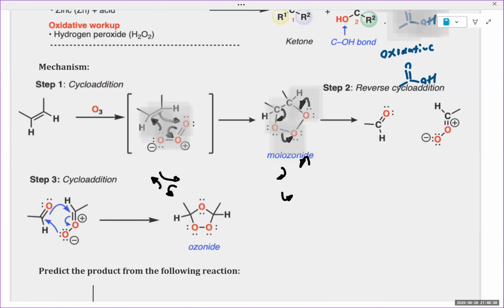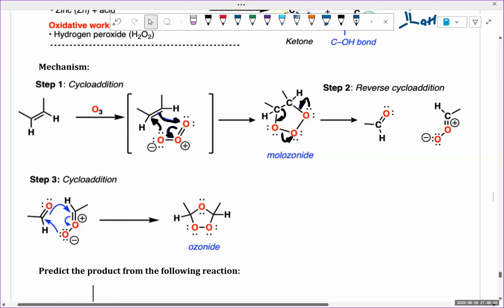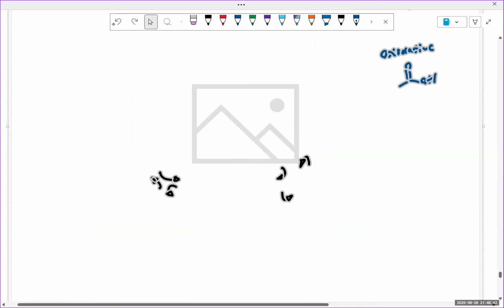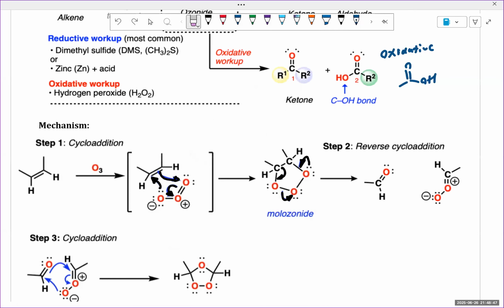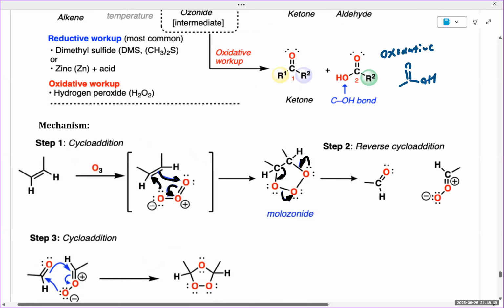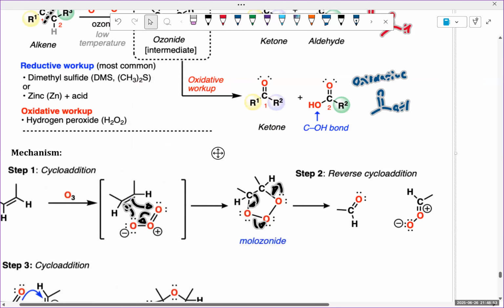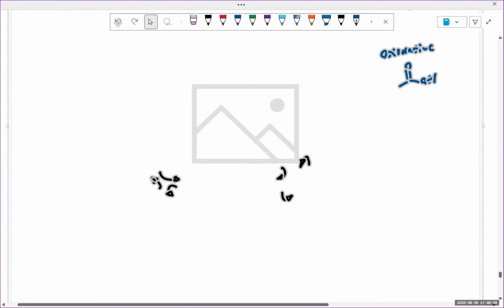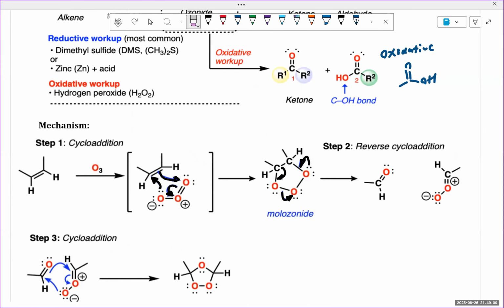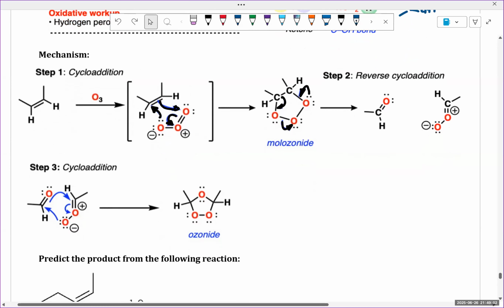And then those fragments recombine and recyclize to generate the ozonide.